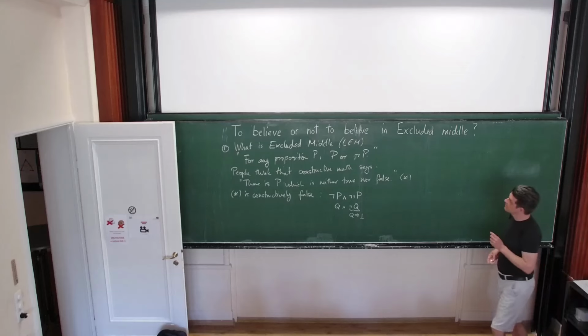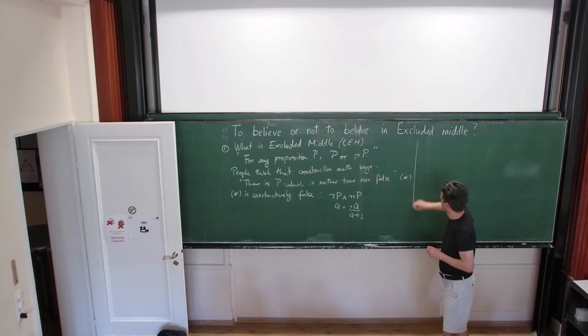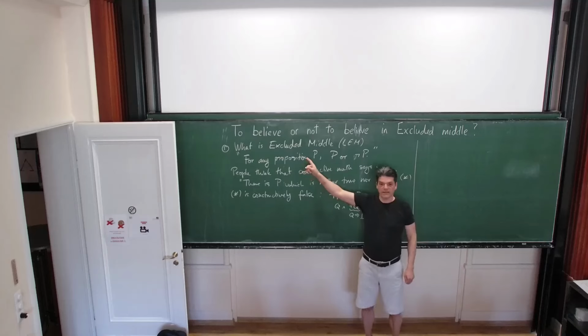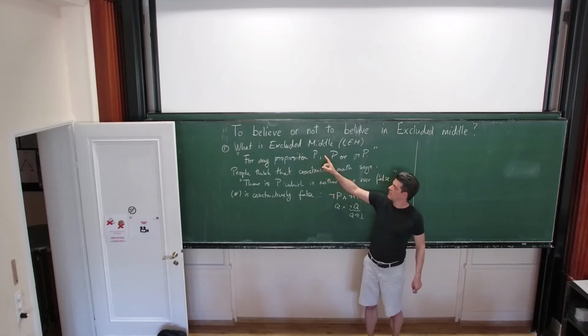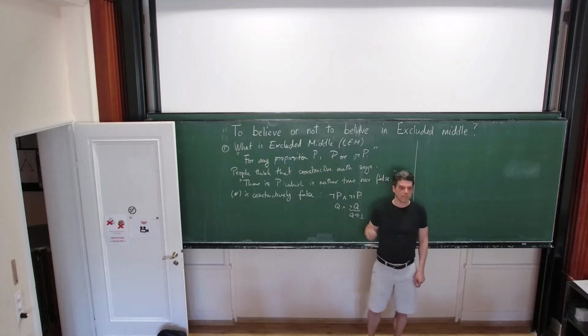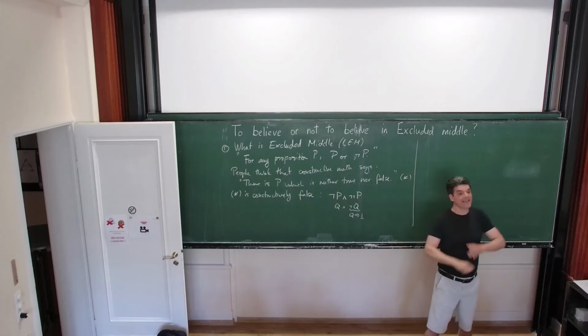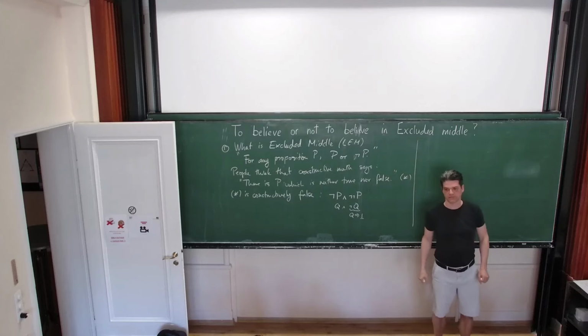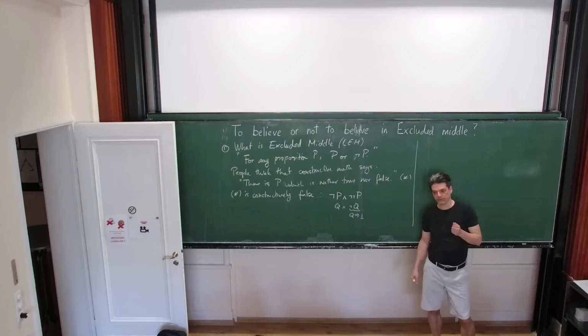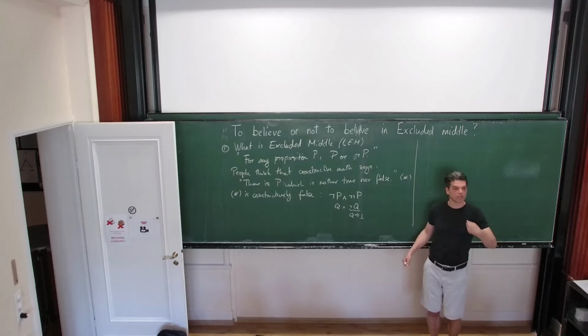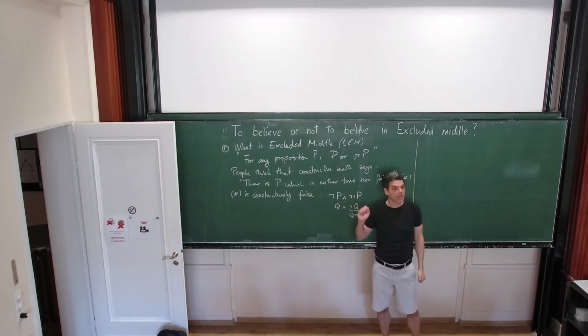Another point I want to make is, when I say that I don't accept this law, that doesn't mean I can never ever use it. I can use it in special cases that I prove with my bare hands. So if I can prove some particular case of this, it's okay.